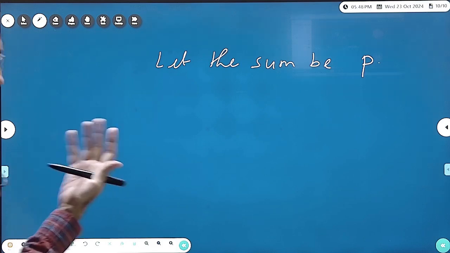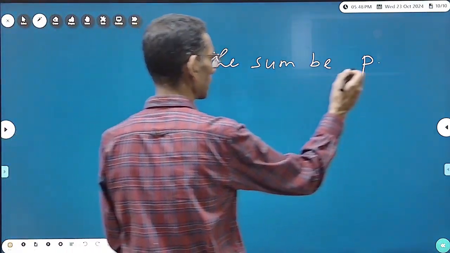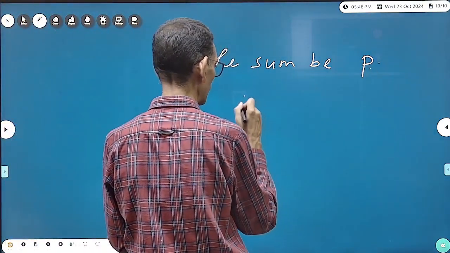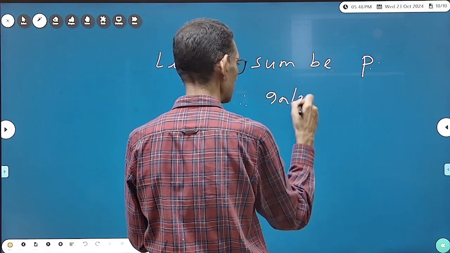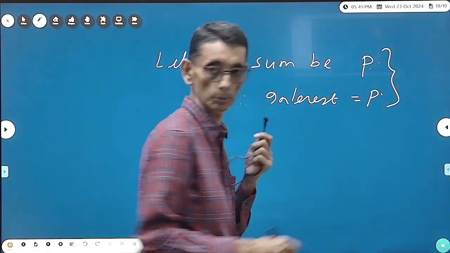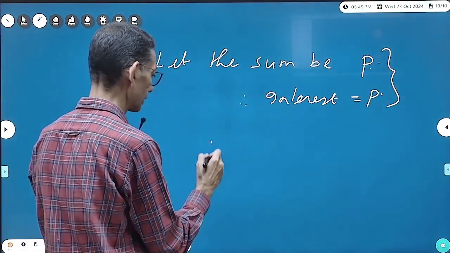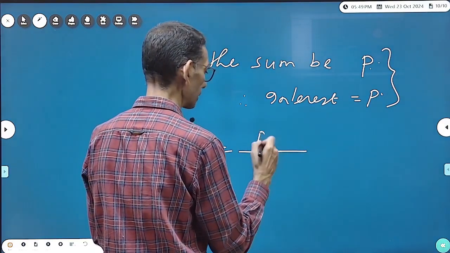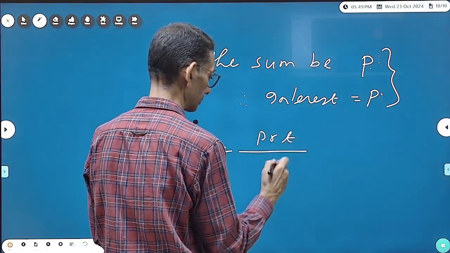So principal and interest are equal. Let the sum be P, therefore the interest is also P. We know that I is equal to PRT by 100.